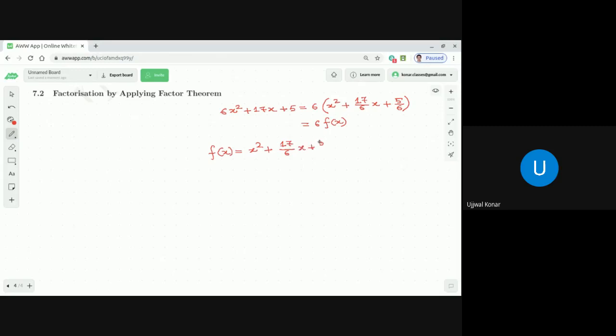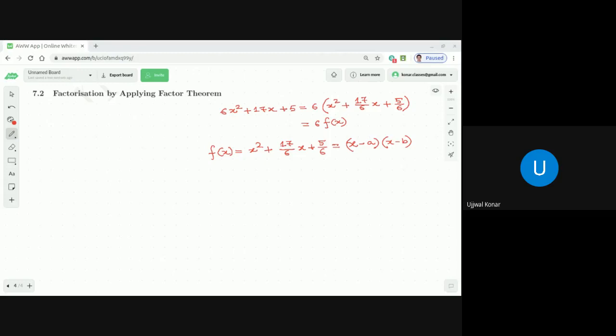plus 5 by 6. And definitely it has two linear factors, because f(x) is a quadratic polynomial, so it must have two factors. What are the factors it has? Suppose its factors are (x minus a) into (x minus b). We are sure that it should have two factors, x minus a and x minus b.